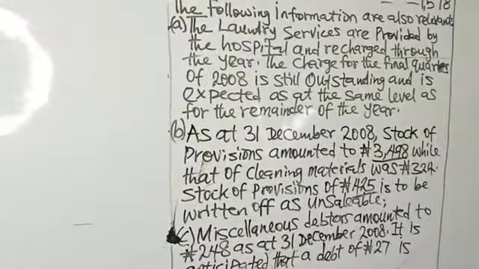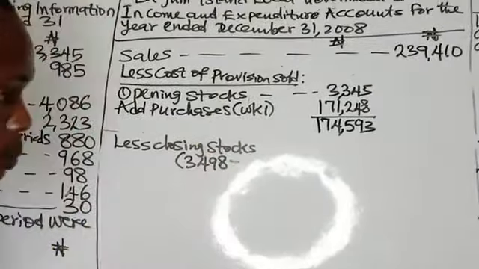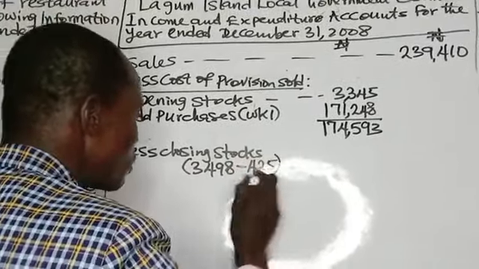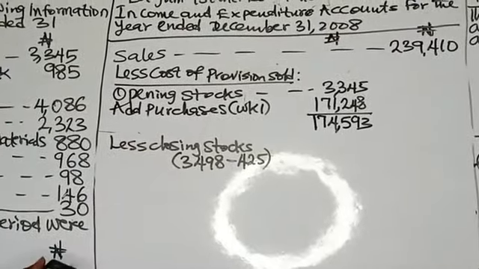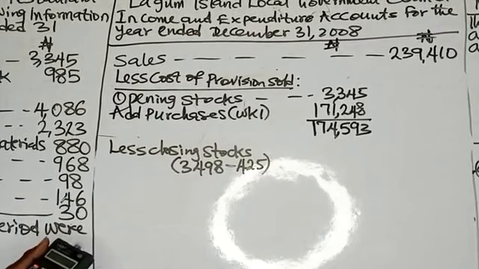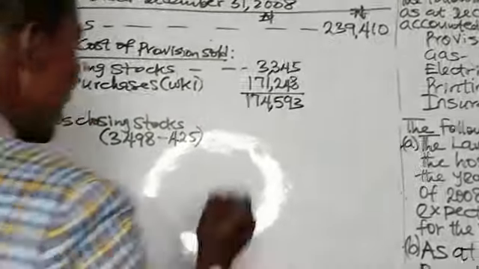So we have 3,498 minus 425. Then you'll be left with 3,073.